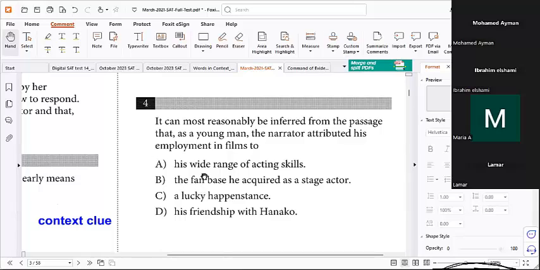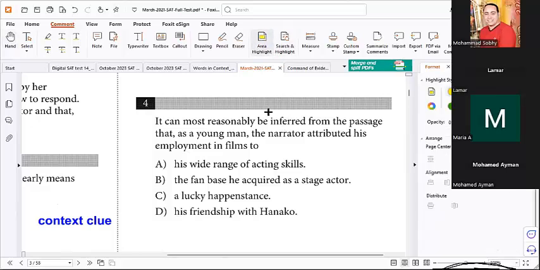Okay, Lamar, read question number 4. Yes, sir. It can most reasonably be inferred from the passage that as a young man, the narrator attributed his employment in films to.